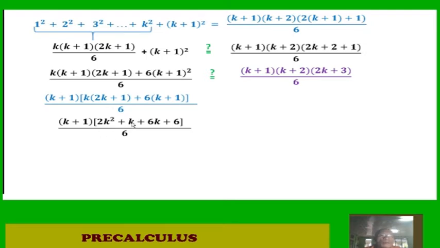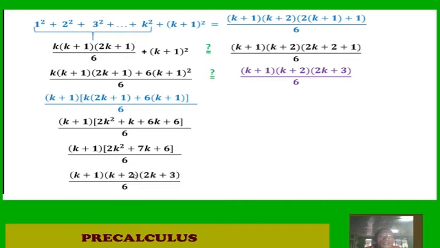Then we have to combine these similar terms. k and 6k is 7k. Then factor out this quantity. The factor of 2k square is k times 2k. The factor of 6 is 2 times 3. We verify that the middle term 7k is obtained by multiplying these two quantities.